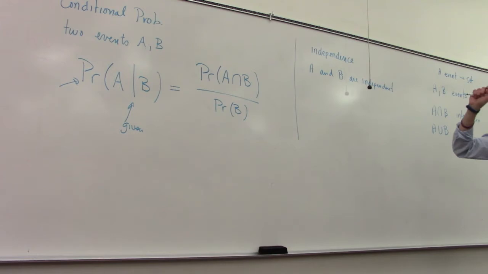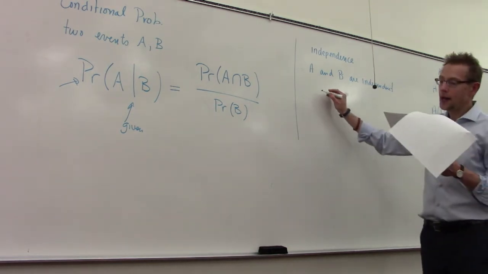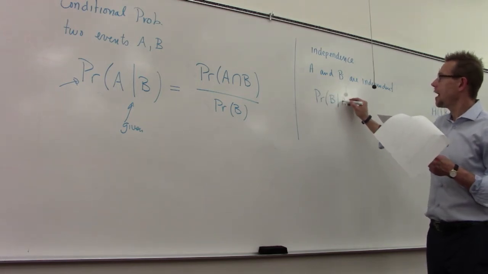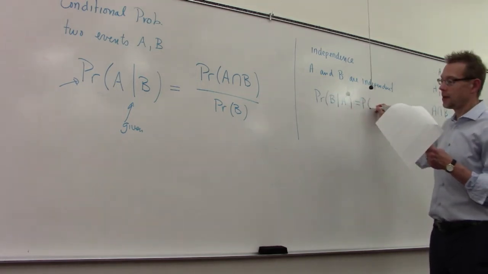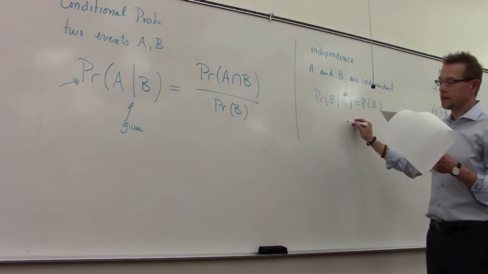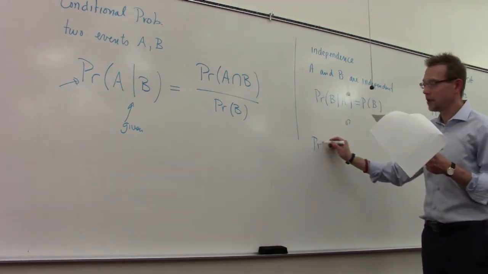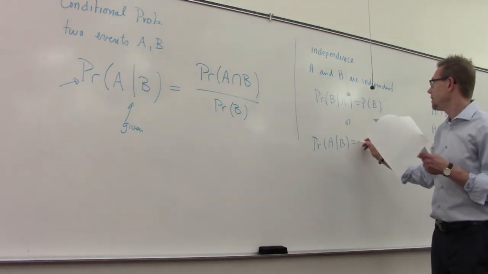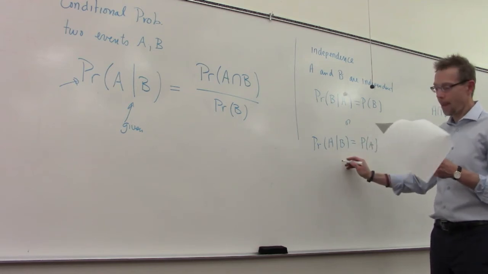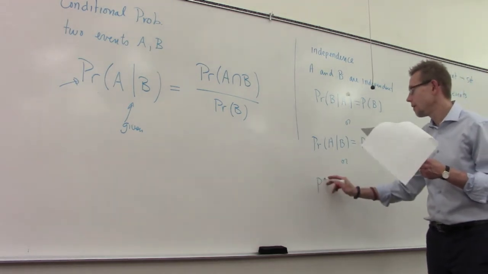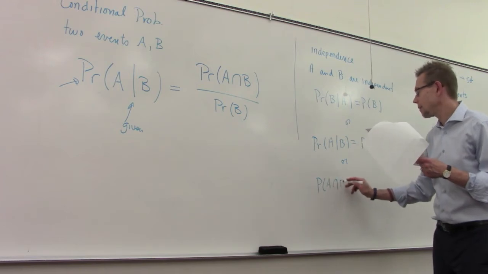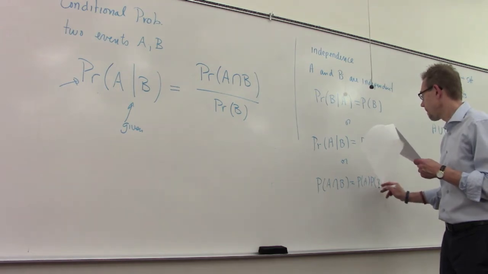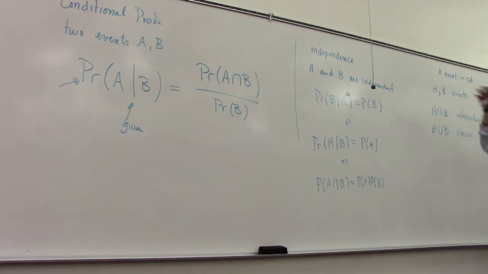This independent is a term we use, and they are independent if probability of B given A is equal to the probability of B, or equivalently, probability of A given B is equal to the probability of A, or probability of A intersect B is equal to the probability of A times the probability of B. I say or, meaning all these are mathematically equivalent.